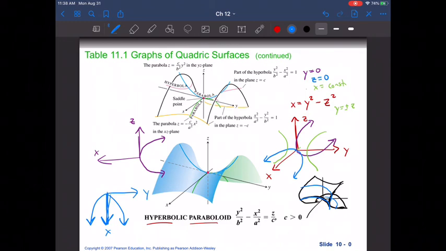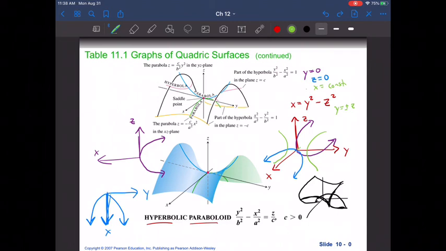And then when we make x the one we're zeroing out, along there we would have straight lines like this, but as we move further out and take cross sections, we'd get these two separate hyperbolic cross sections like that. So anyway, hard to draw, but hopefully that makes some sense to you.